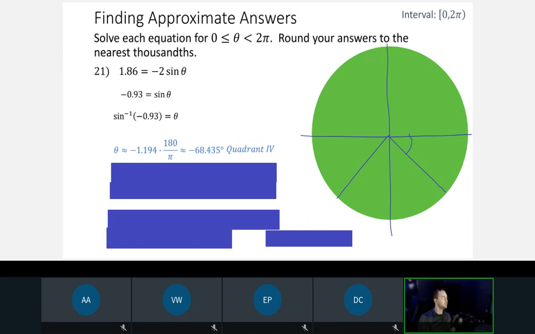So basically, think back to last unit. I'm going to use a different color here. I want the angle starting from 0 and going all the way around to here. And we know that my blue angle that I drew in is negative 1.194.